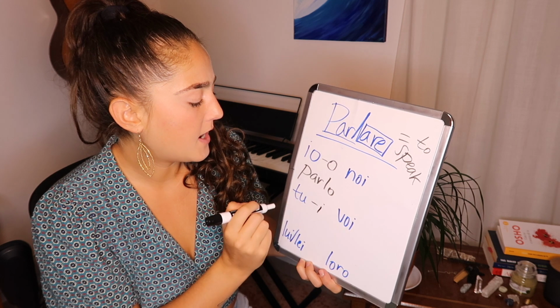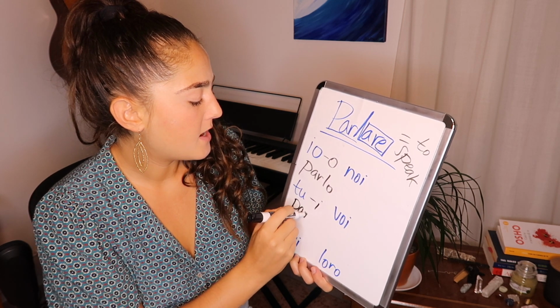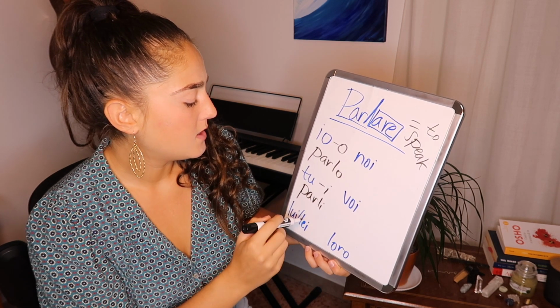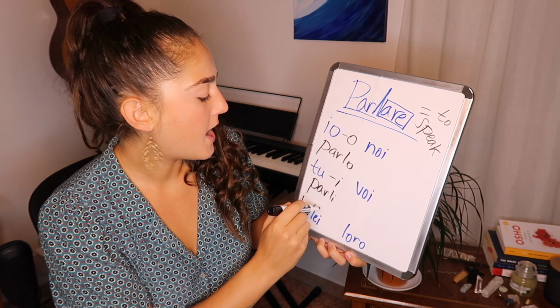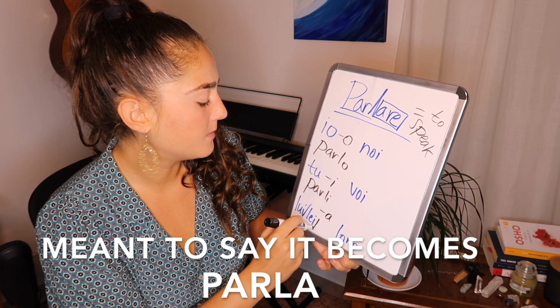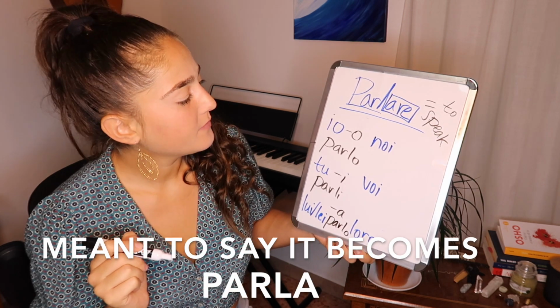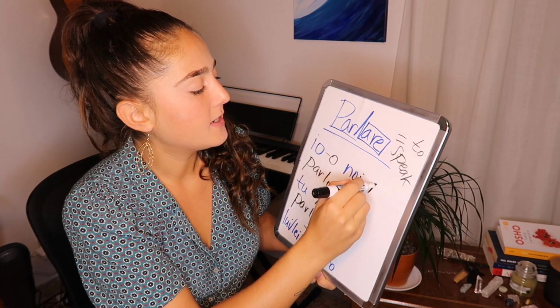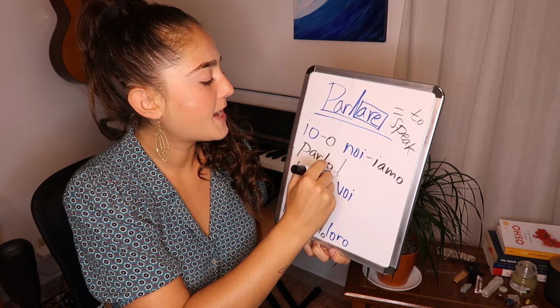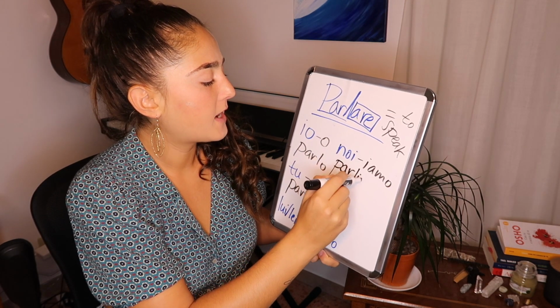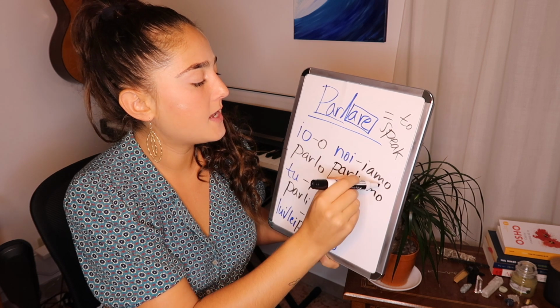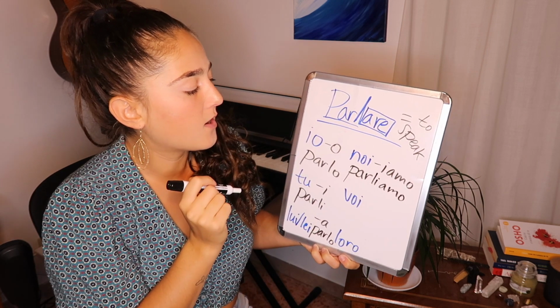Tu, you add an I, parli, you speak. Lui or lei, you add an A, and it becomes parla. Noi, we add an iamo, so it becomes parliamo. So we're adding these endings onto our root, P-A-R-L.